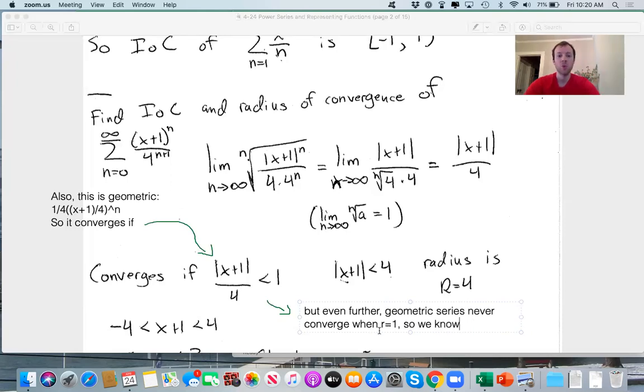So r equals 1 would correspond to the endpoint. So that's where the -5 and 3 actually come from.